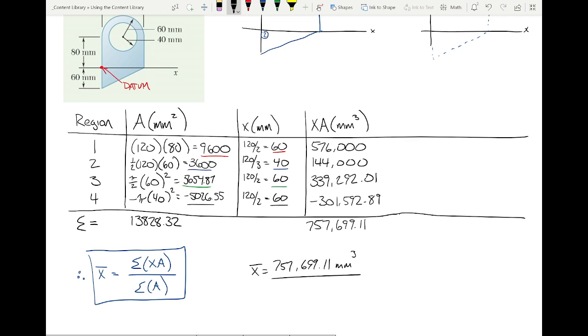That's the unit system because we're taking millimeters times millimeters squared, divided by the area, millimeters squared, and we're getting, we'll say 2 decimal places. There we go. There's one of them, right there.